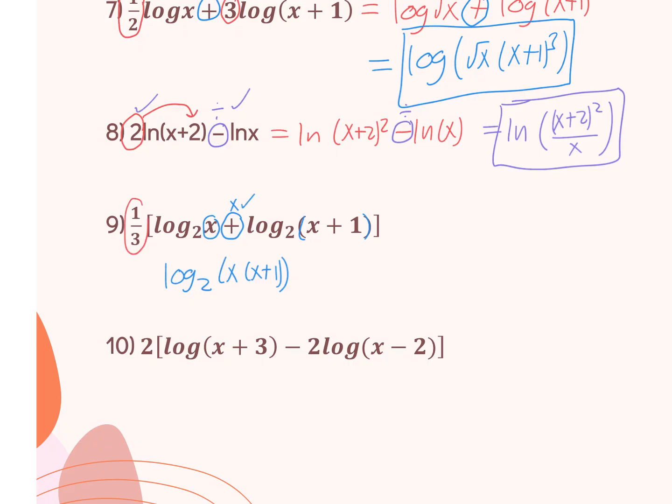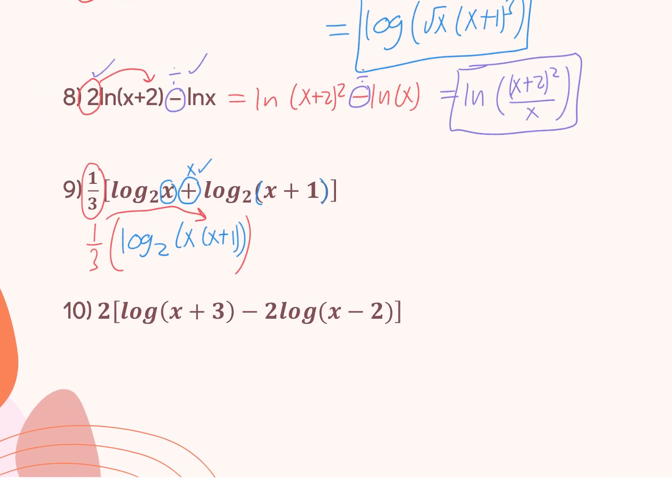And then I see a 1/3 over the whole thing. So let me just write that down here. And I know that that is going to become an exponent over this whole thing on the inside, right? So that's going to become log base 2 of, if you want, we can simplify this, right? On the inside, I can just do x times (x plus 1).